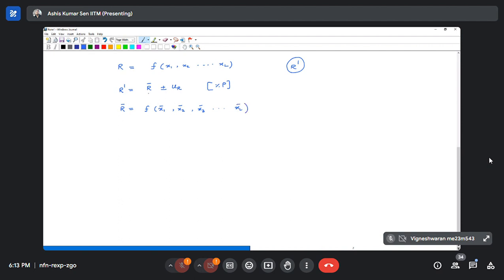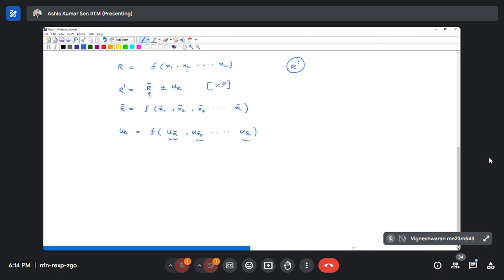Right? The mean value of the dependent quantity is going to be a function of mean values of the individual independent quantities, and the uncertainty UR is going to be a function of the individual uncertainties: uncertainty in x1, uncertainty in x2, and so on, up to uxL. Okay, so this basically represents uncertainty in each of these variables.